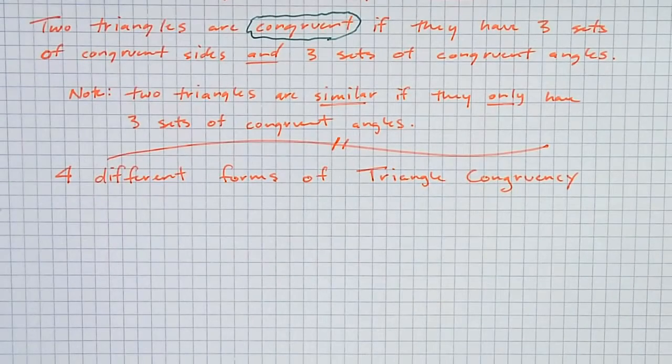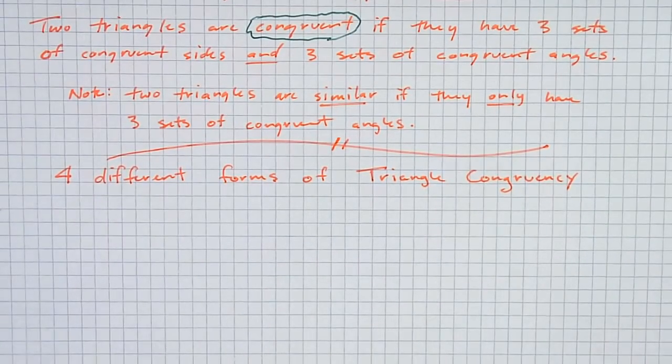Okay, we're really going to focus on four different types of triangle congruency.